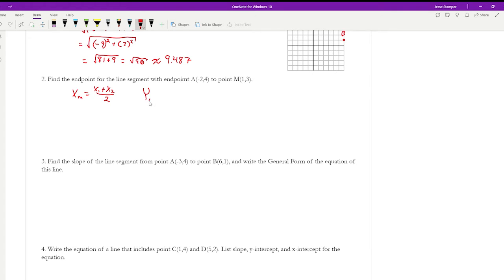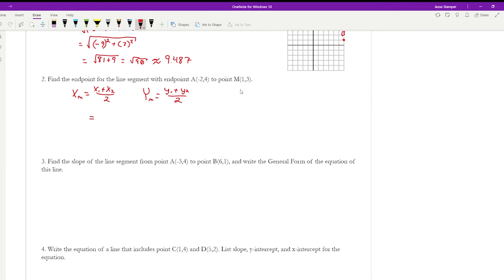Your y, y1 plus y2 over 2. A is an endpoint. M is a midpoint. We want the other endpoint. I said find the endpoint for the line segment, which implies that x1 or x2 I don't have. y1 or y2 I don't have.